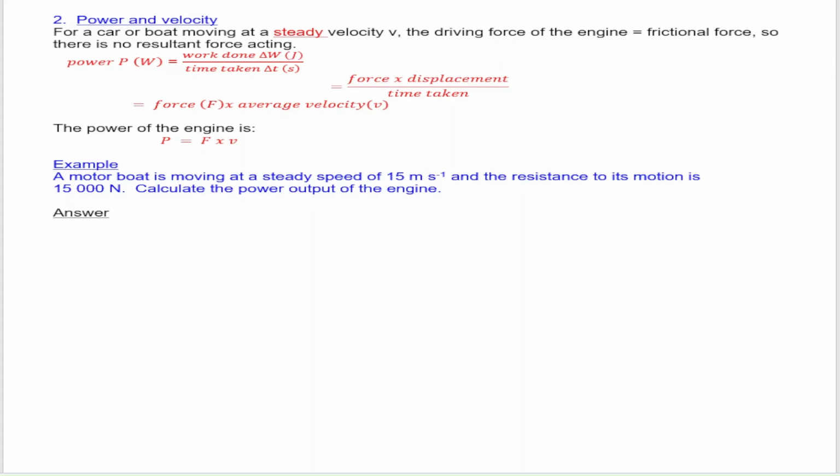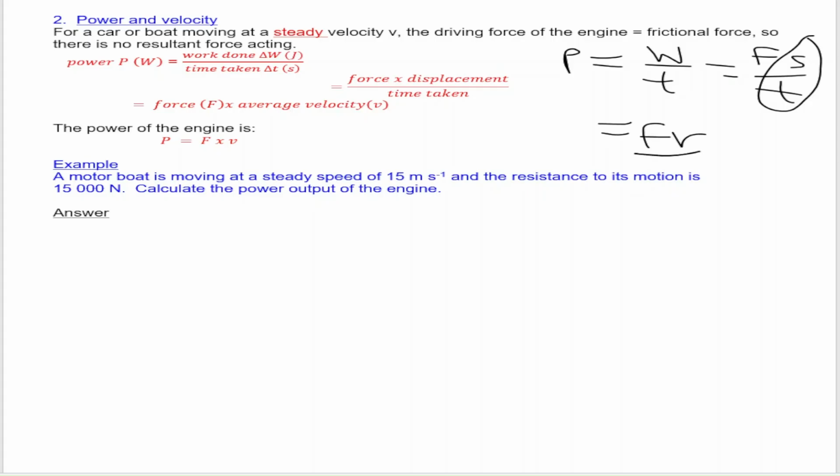Let me write it here. So power is equal to W over t, which is equal to force times the displacement s over t. We know that s over t is equal to velocity. It's going to give us F times the velocity v.